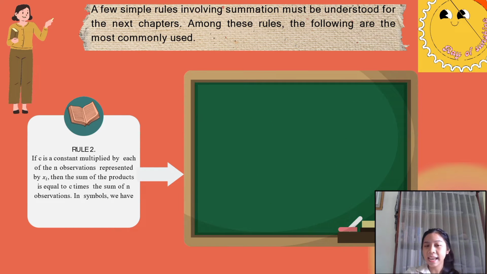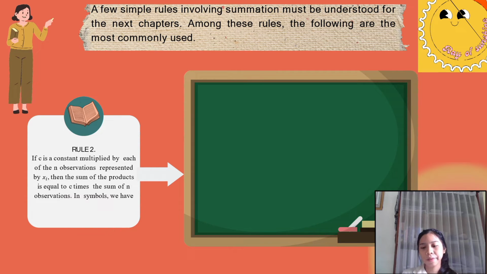Okay, next, the second rule. If C is a constant multiplied by each of the n observations represented by x_a, then the sum of the products is equal to C times the sum of the n observations.